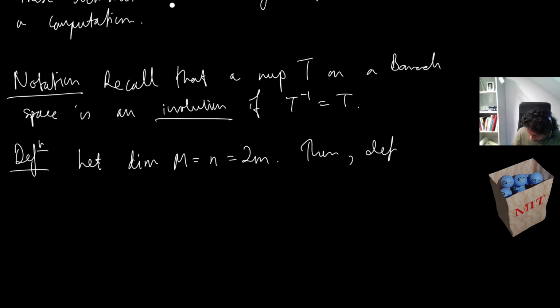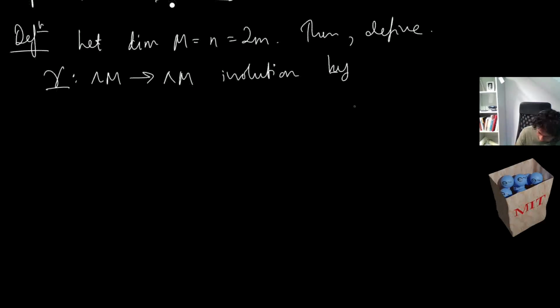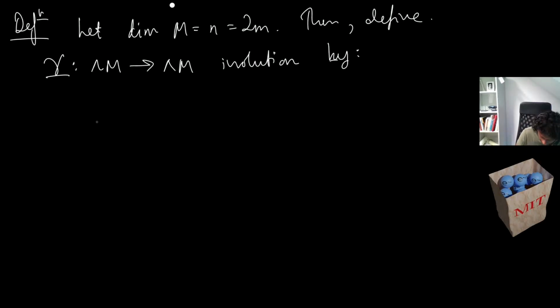Then define this involution, this character I'm writing is upsilon, by the following: upsilon of phi is equal to i to the power k minus 1 plus m.